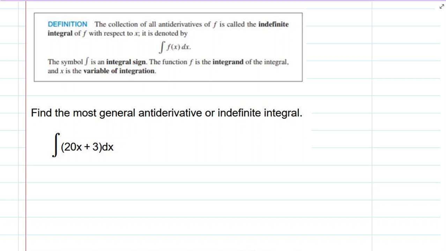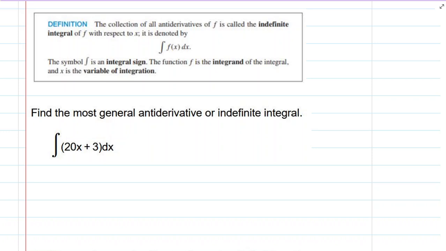And it states that if F is called the indefinite integral of f with respect to x, it is denoted by the symbol, like a sideward long S, of the function of x dx. Remember, f of x is that derived function, and we are doing an antiderivative.